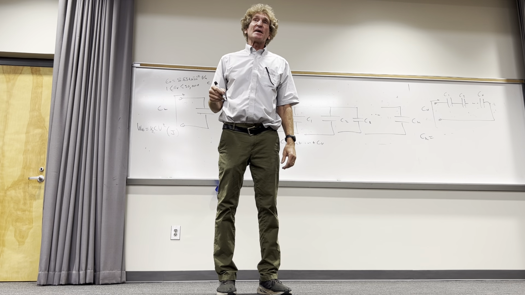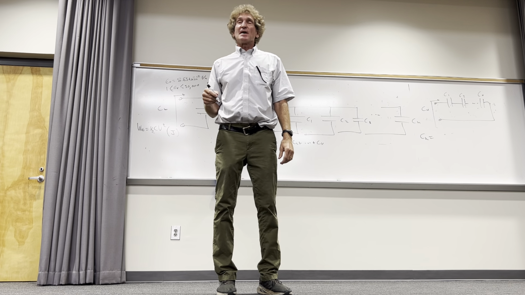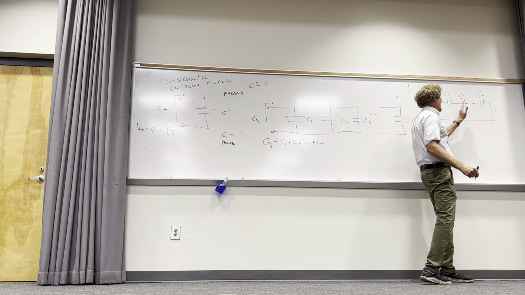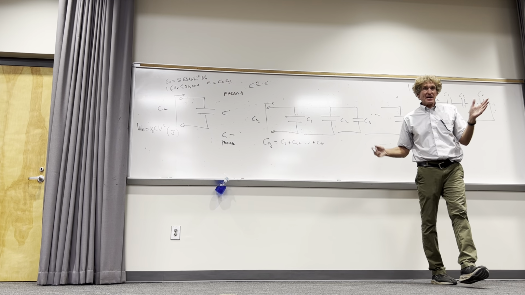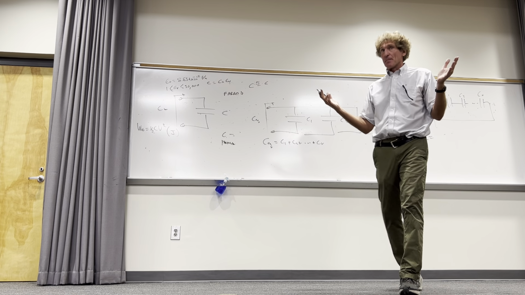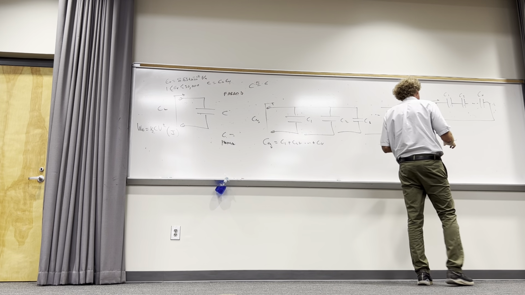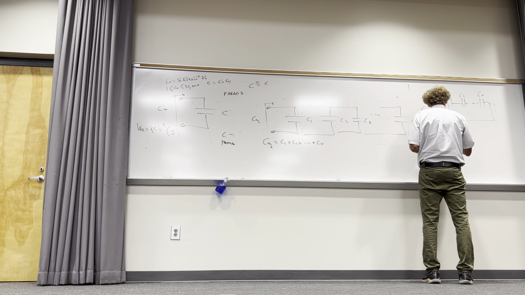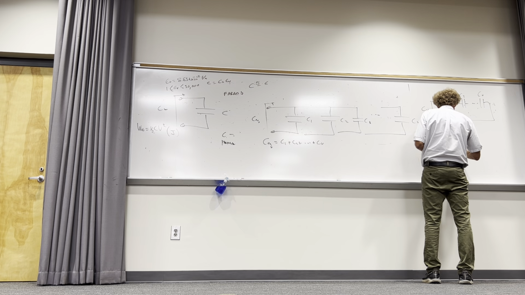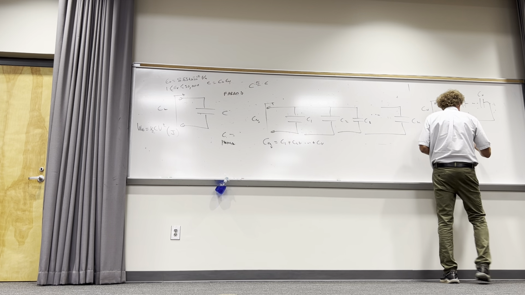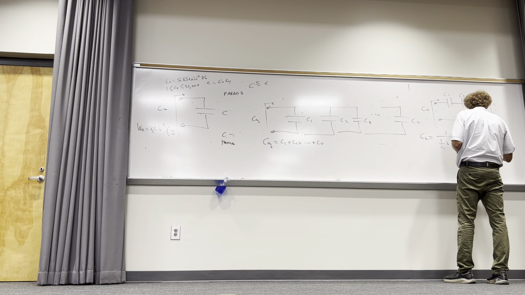Because effectively, what you've done when you did this is you put a bigger gap in between all of them. That's effectively what you've done, whether you know it or not. There's more to that part, but it's the way I think about it. What that is, the total capacitance is 1 over C1 plus 1 over C2 plus 1 over C3 plus dot, dot, dot, plus 1 over Cn.